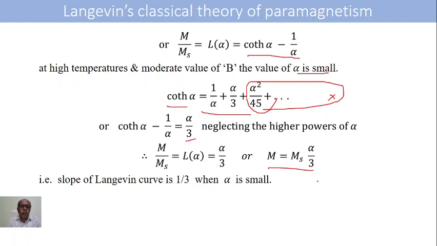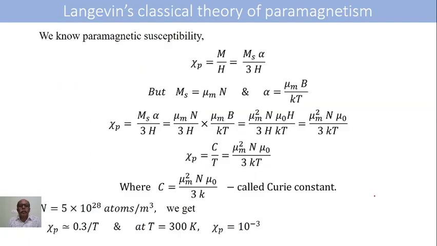The slope of this Langevin curve is 1 by 3 when alpha is small. Now, therefore, the susceptibility is equal to M by H, but M is equal to Ms alpha by 3, divided by H. We also have Ms is equal to μm into n, and alpha is equal to μm B by kT.